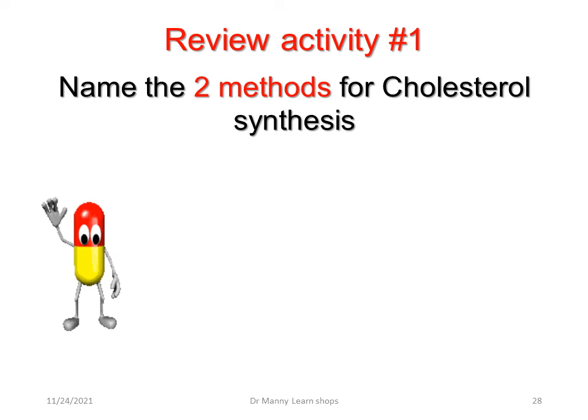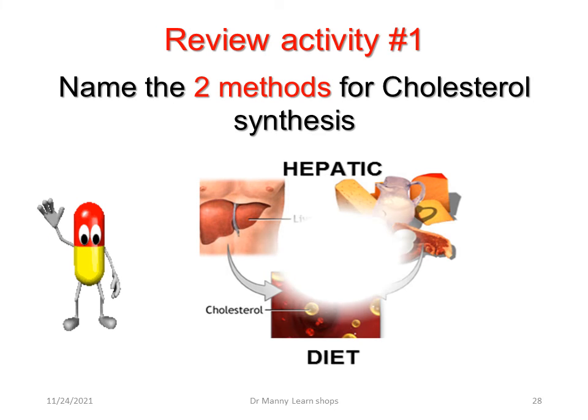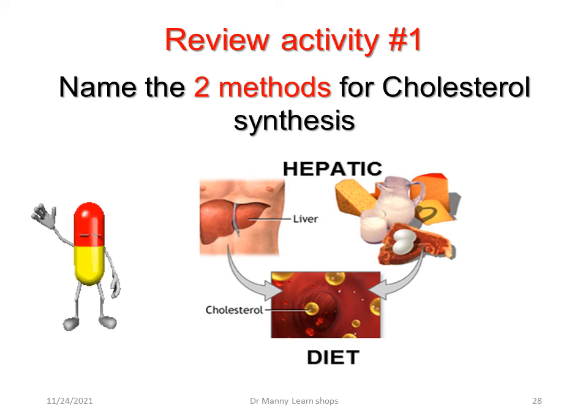So if we review, what can you remember? Can you name the two methods for cholesterol synthesis? How is cholesterol produced? It's produced by the liver and accumulated as a result of your diet.